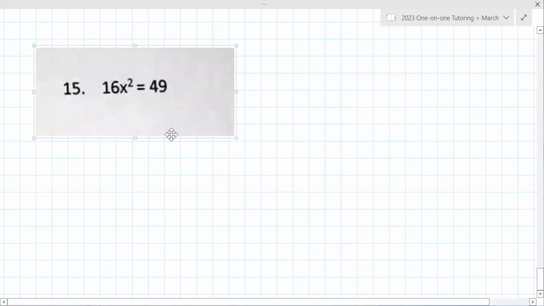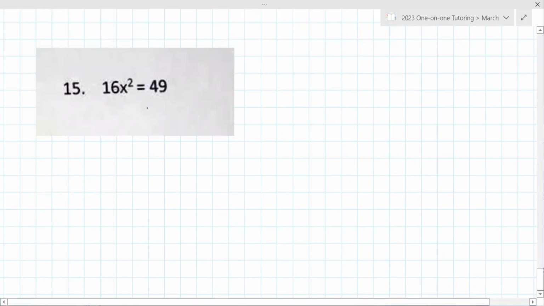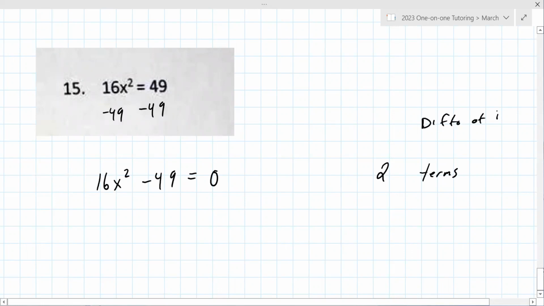All right, so just like in the previous problem, you want it to equal 0. So you're going to subtract 49 from both sides. So it's 16 x squared minus 49 equals 0. Whenever you see 2 terms, it's almost always difference of squares. Okay, so you have to figure out what squared minus what squared gets you back to the previous line.